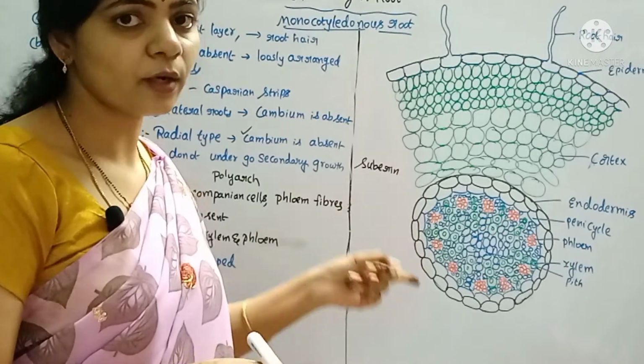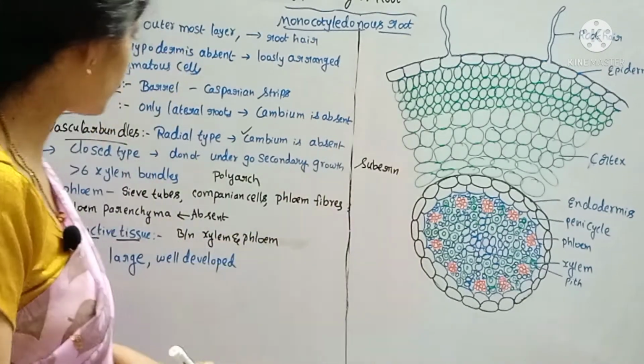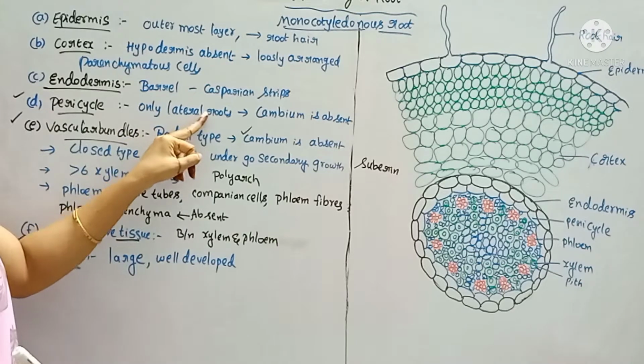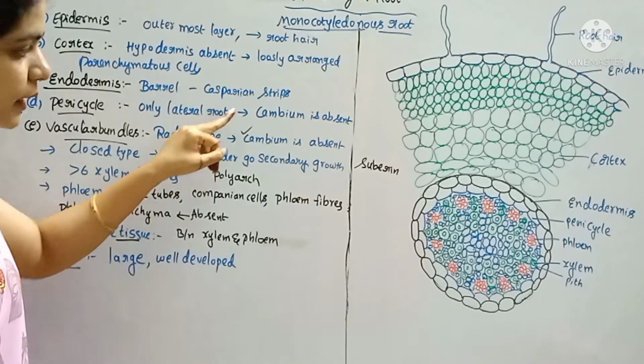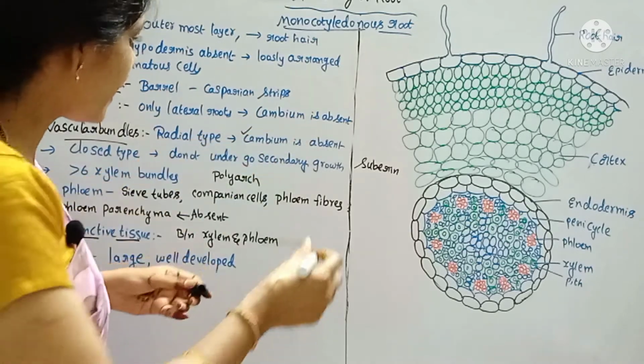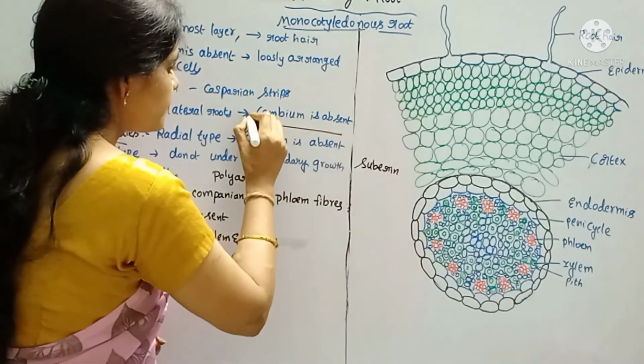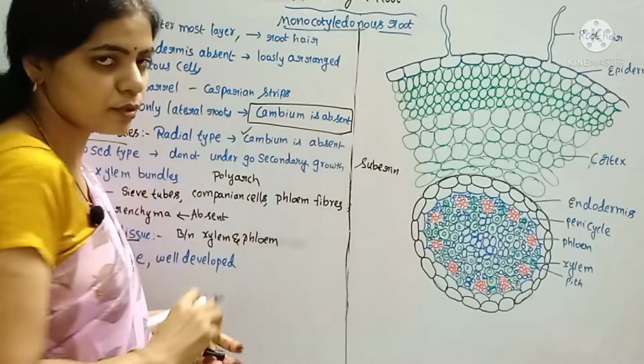But here in the monocot roots, they only form the lateral roots. The pericycle forms only lateral roots and will not form any cambium. The cambium is absent in the monocot root.